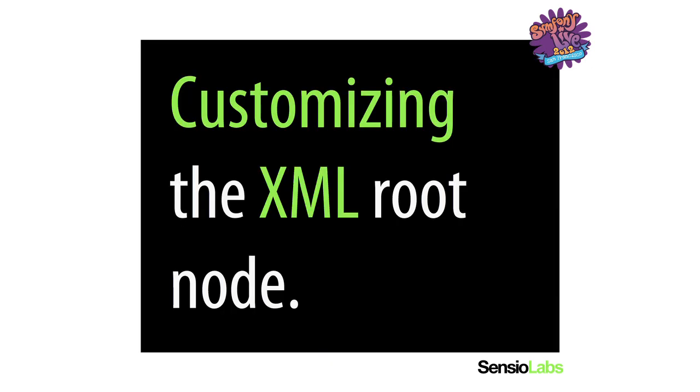Remember that when I showed you the serialization process, the output contained a response root node. By default, you can't configure this root node, but thanks to the JMS Serializer bundle, you can specify which root node you want to have in your XML output, in case you are using XML.